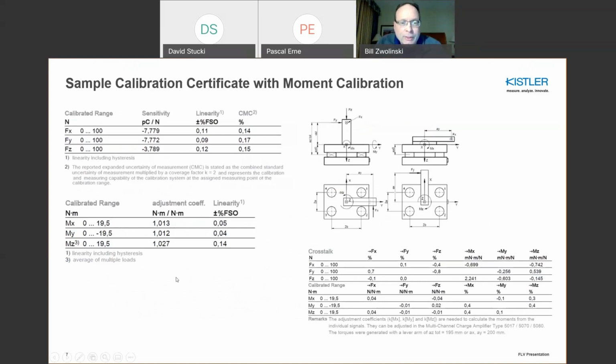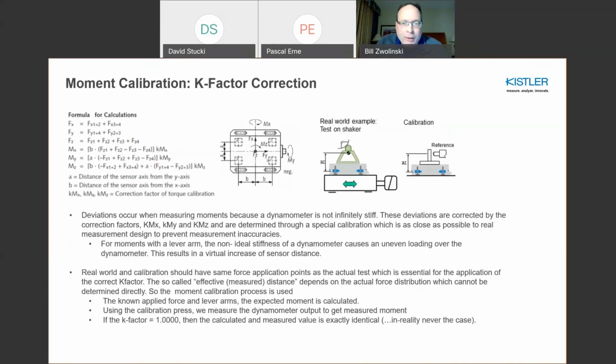And what's important, going back to this diagram, is that the calibration needs to be replicating exactly what your real world example is, in terms of the offsets of your center of gravity and with regard to the sensors themselves. So this can all be definitely quantified or defined and then made into a calibration if needed.